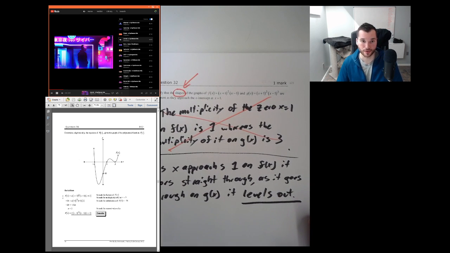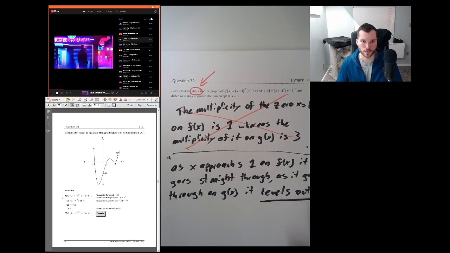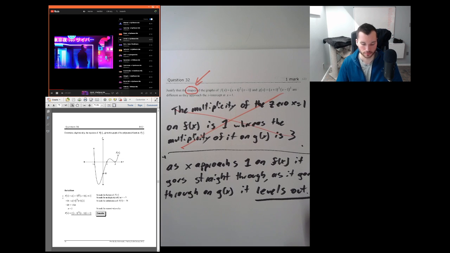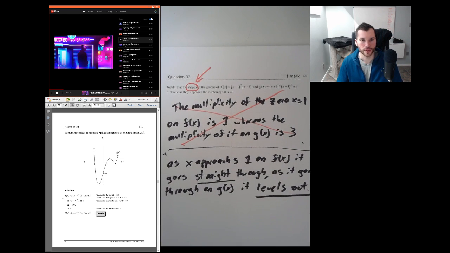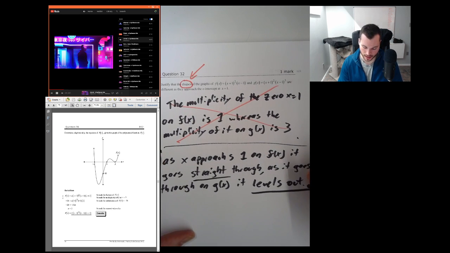There. Now, what we have done is we have actually said how the shape is different. As x approaches 1 on f of x, it goes straight through. As it goes through g of x, it levels out. Oh, I guess we could say it levels out first.